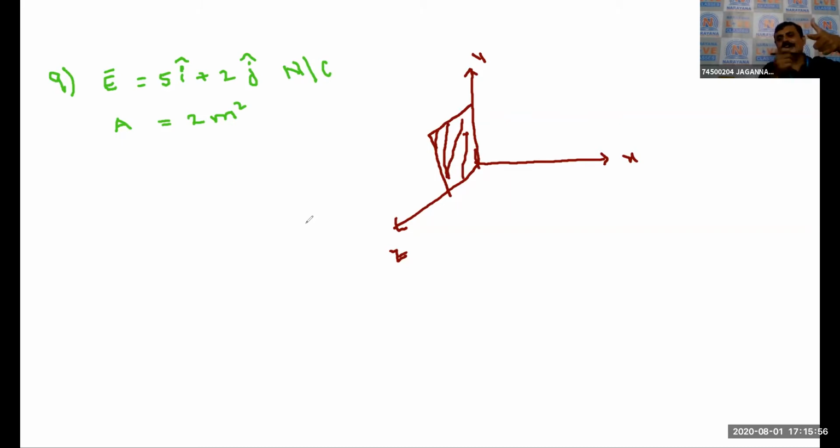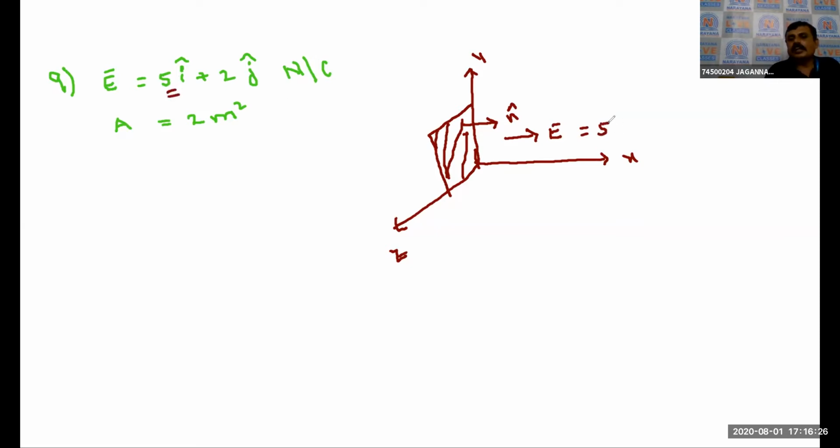So electric field lines which are parallel to the x-axis are perpendicular to the surface. Means for this one we have to draw the normal line. This is the normal line, and the electric field direction is along this one. How much electric field is there? E equal to 5i. Along the i-axis we have only 5.